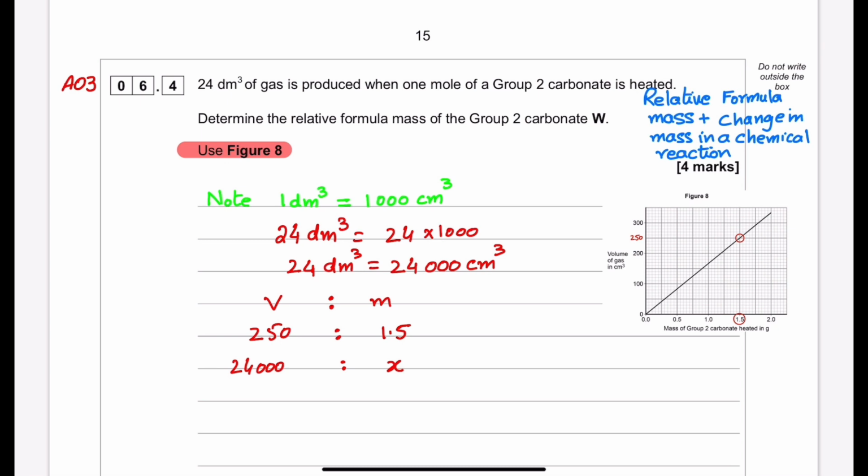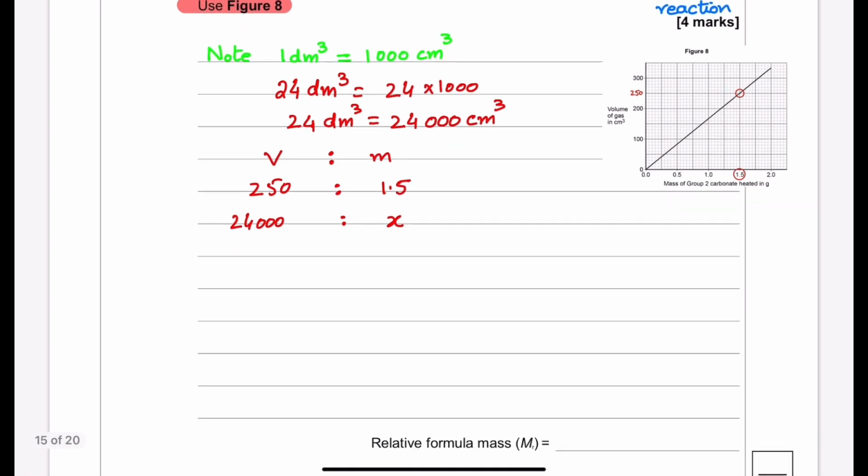So we can rearrange it. Cross multiplying, X into 250 is equal to 1.5 into 24,000.